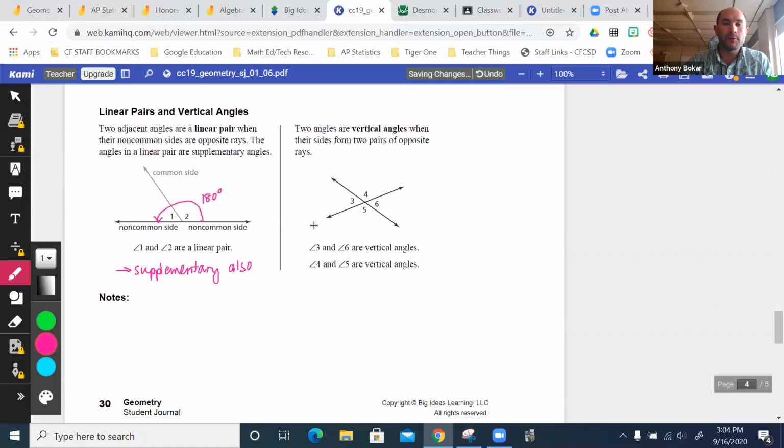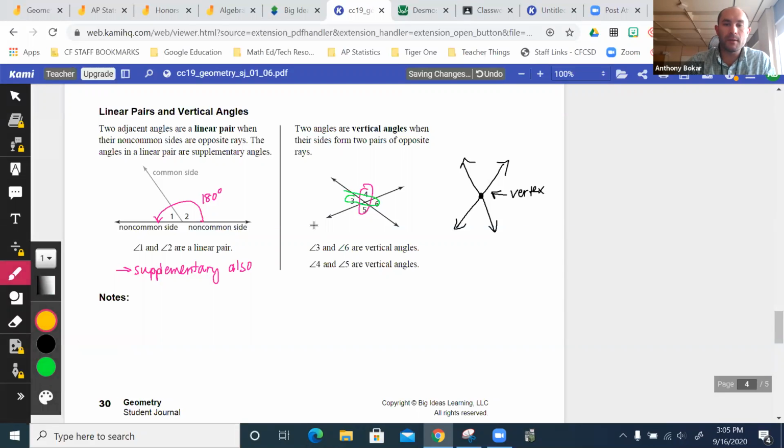And vertical angles are angles that are opposite or across from each other. So 4 and 5 are vertical angles, and 3 and 6 are vertical angles. Okay, so vertical angles, if I draw another picture here, if I have intersecting lines or segments or rays, whatever they are, at this intersection, this is going to be the vertex of a few angles.